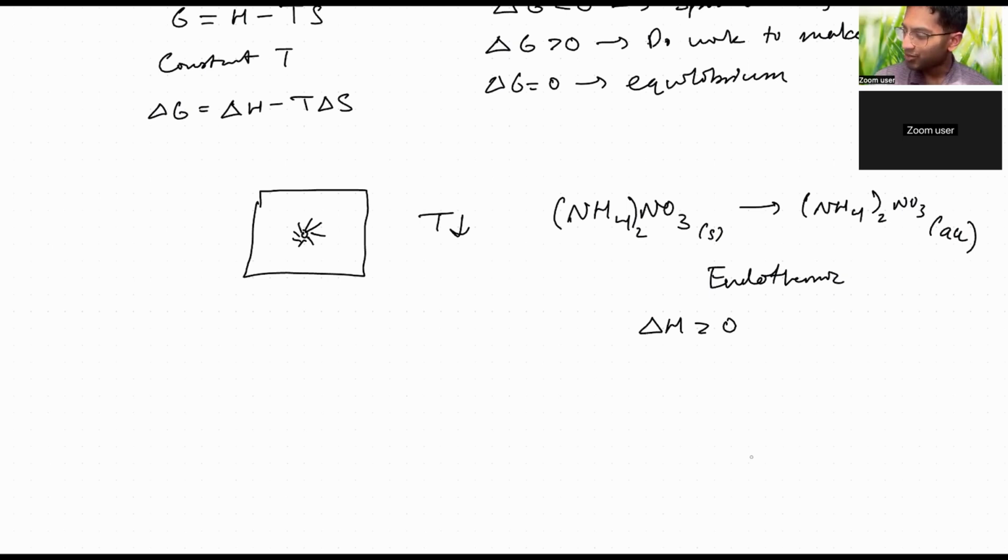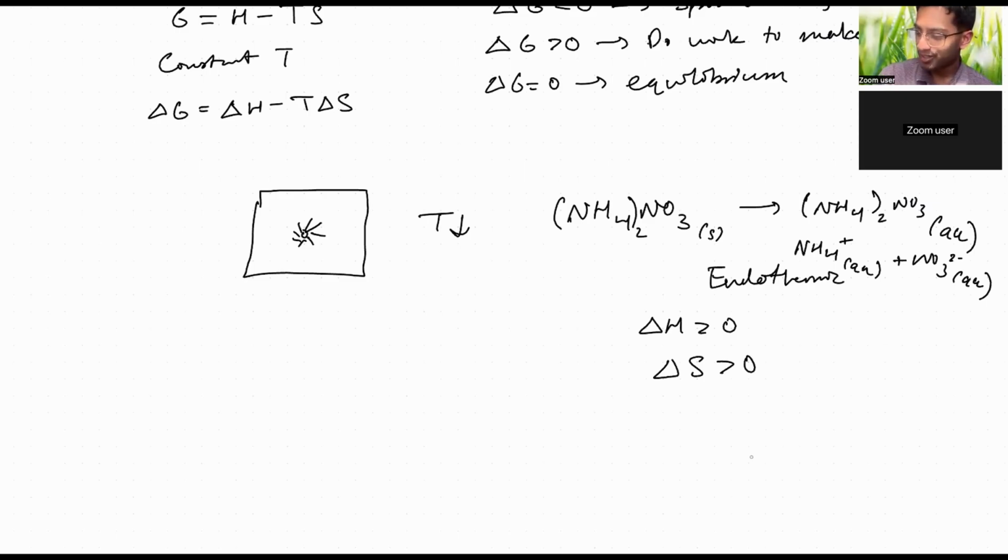So actually, this equation would probably be better written as NH4+ aqueous plus NO3- aqueous. And so you have these ions moving around in solution compared to a solid crystal. So in this case, the entropy increase is also pretty large and positive.